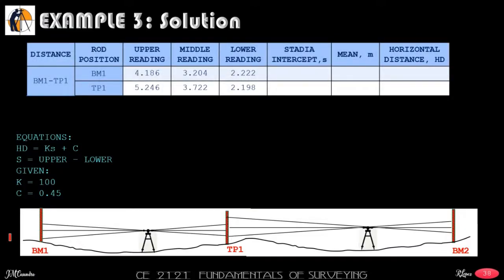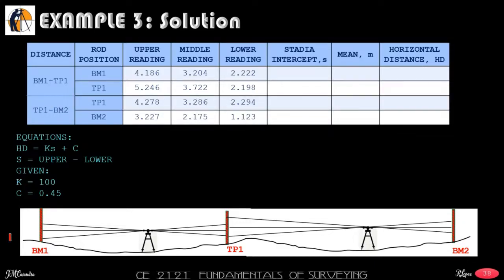So we will have first your BM1 to TP1 line, where the readings will be taken from points BM1 and TP1. Then we have the next line, line 2, taken from TP1 and BM2.